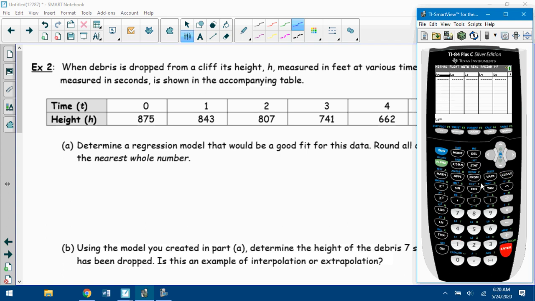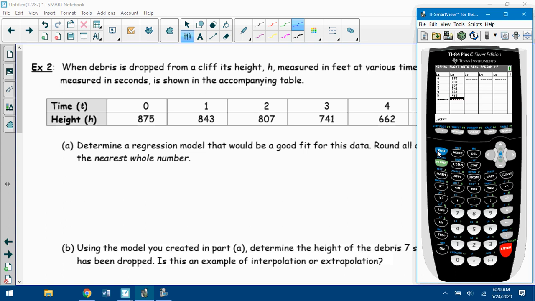Put this in instead. So we got 0 through 5. And the corresponding heights. 875, 843, 807, 741, 662, and the last one's 450.